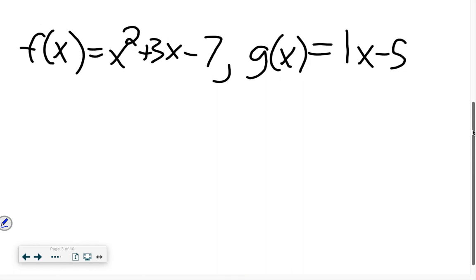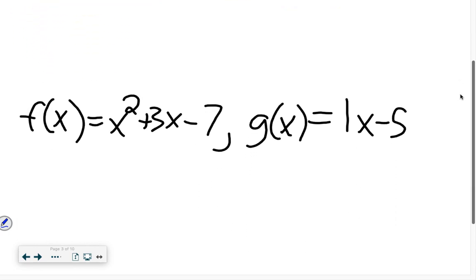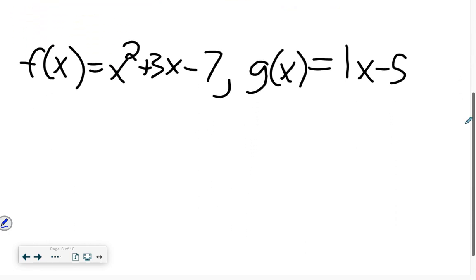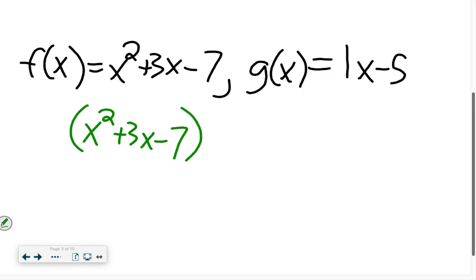So we're asked to find f plus g of x, which is basically just adding functions. Now, this is lesson 8.1 from a long time ago. If we have our first function, x squared plus 3x minus 7, that's our first one, and we want to add x squared... I mean 1x minus 5.